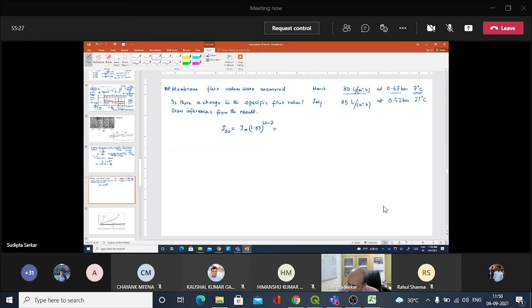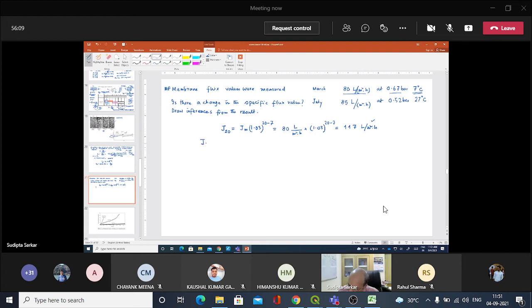We write 80 liter per meter square hour times 1.03 to the power 20 minus 7, and that gives me close to 117 liter per meter square per hour. So if it were operated at 20 degrees centigrade, this membrane would have produced a flux of 117 liter per meter square per hour.